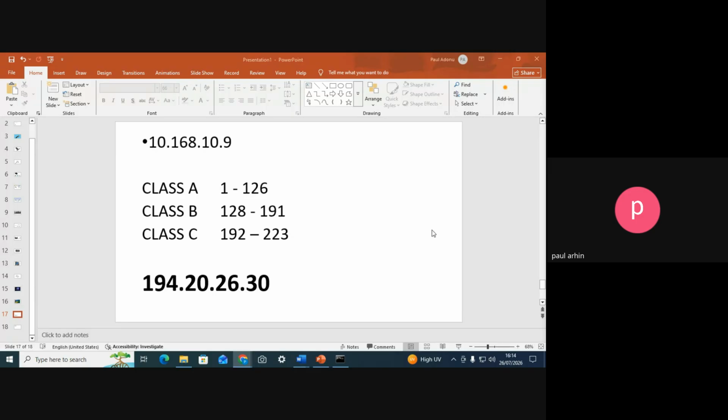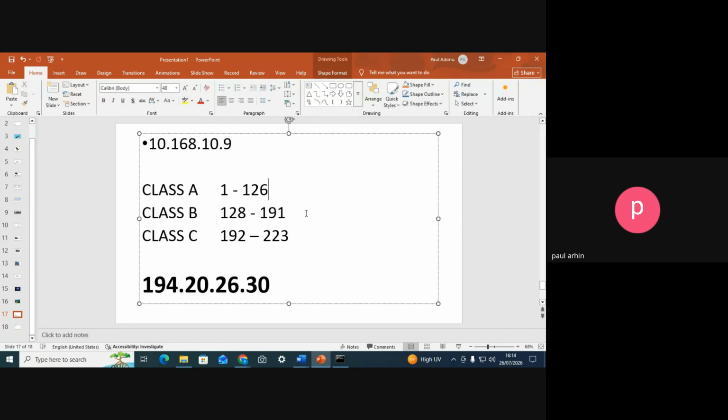So let's see. In a class A, this is the principle. Only the first octet belongs to the network. The rest belongs to the hosts. For class B, the first two are the network, the last two the hosts.